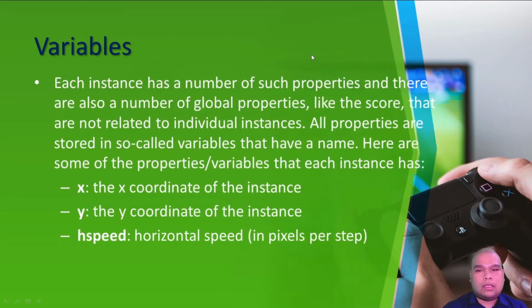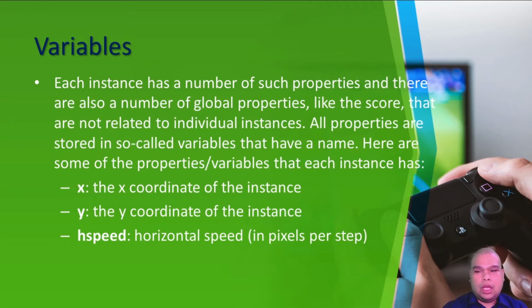So each instance has a number of such properties, and there are also a number of global properties like the score that are not related to the individual instances. All properties are stored in so-called variables that have a name. Here are some of the properties or variables that each instance has.